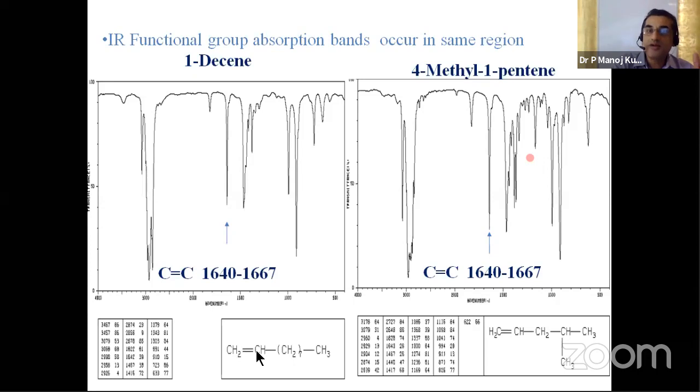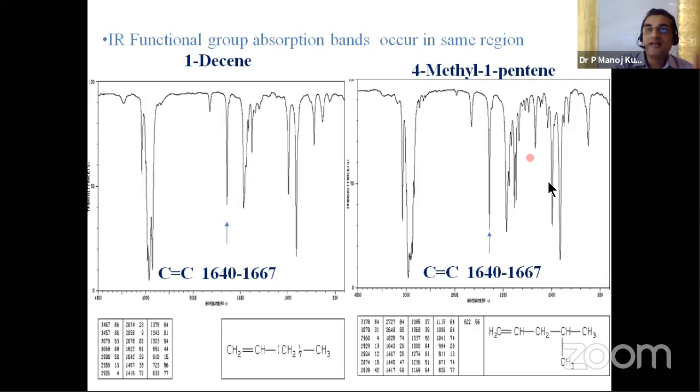This carbon hydrogen bond will show a bending vibration, which you call the out of plane bending vibration, at two wave numbers, I mean 905 to 915 and 985 to 995. In this case also, since there you also have a mono substituted alkene, the CH bending vibration will remain the same. You will get a similar band between 905 to 915 and 985 to 995.